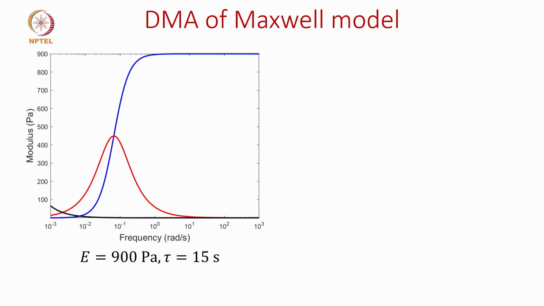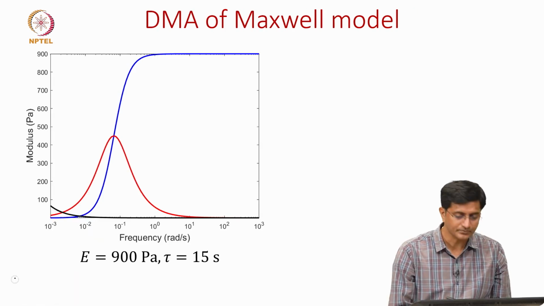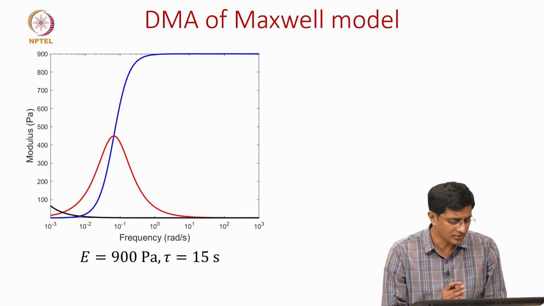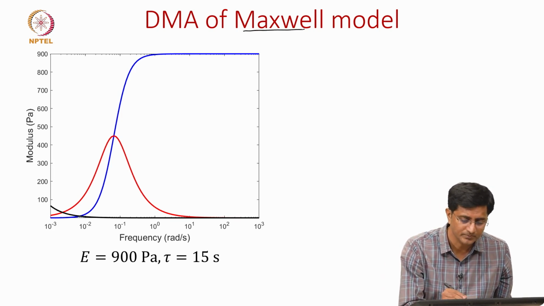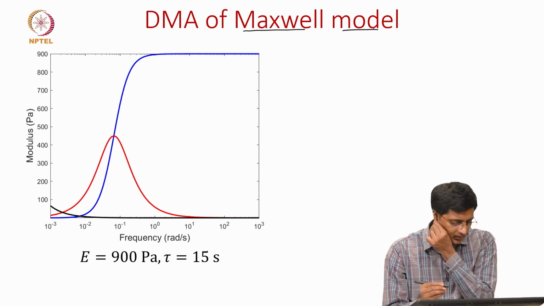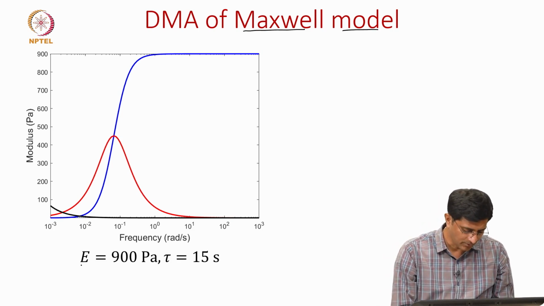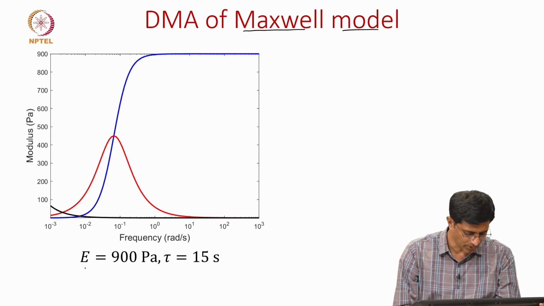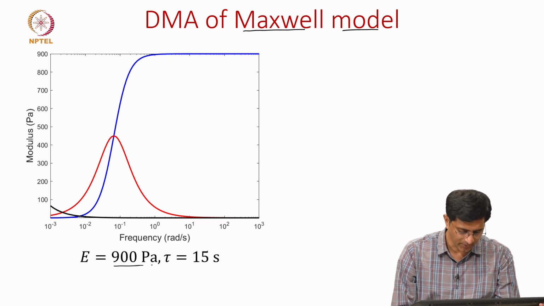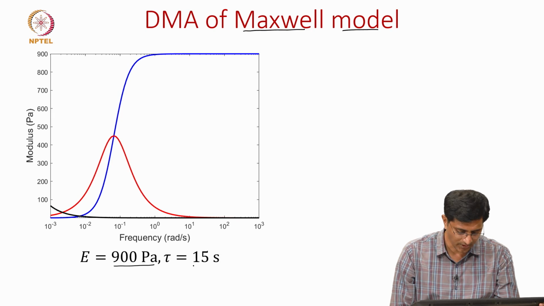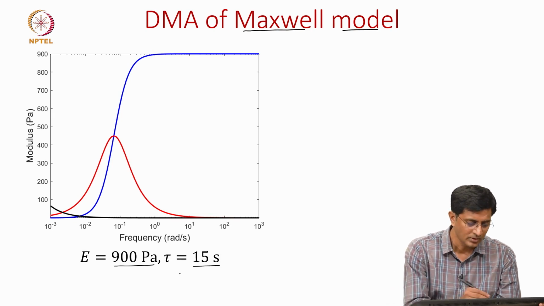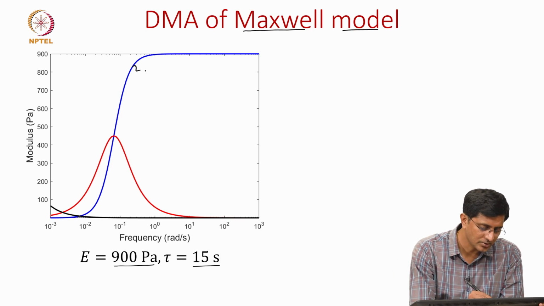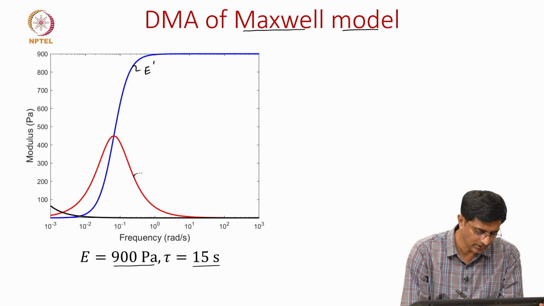Okay. So here we will show this response for the Maxwell model. So for this example we have chosen the modulus as 900 pascals and the relaxation time as 15 seconds. So the blue curve here is the storage modulus and the red curve here is the loss modulus. We also show another curve, the tan delta.